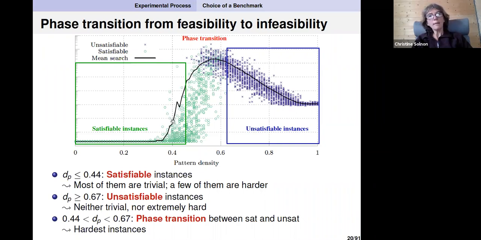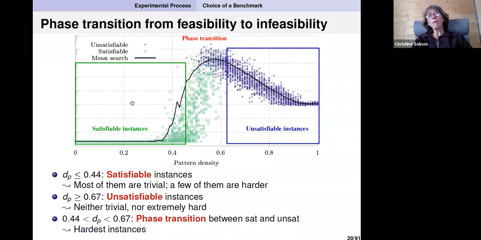Here I have only one instance. That's strange, and the average is here. But here, on this column, for example, I have a very difficult instance, and that's why the mean here is higher than where the majority of instances are.